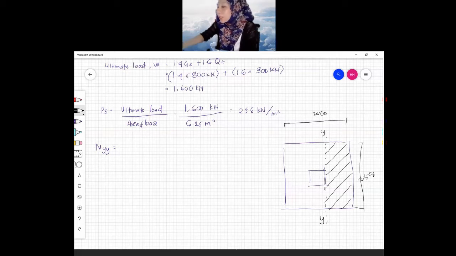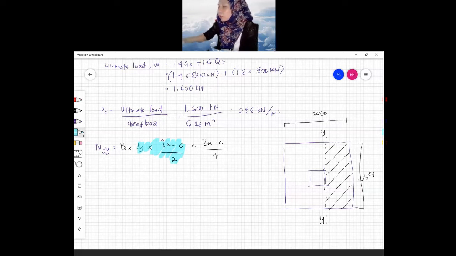KPS darab dengan LY, darab dengan LX minus C divide by 2, darab dengan LX minus C divide by 4. Yang ini kan kita kira area dia.